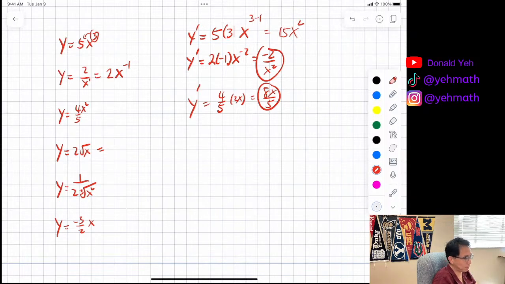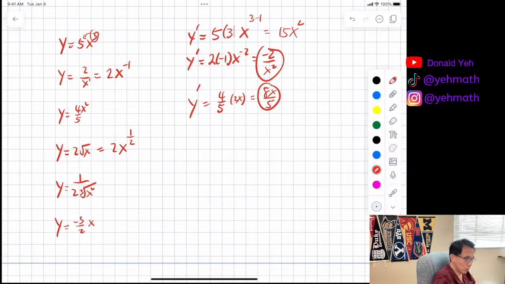Vincent, I'm picking on you until you get it. 2 square root of x. Can I change that x to a rational exponent? Okay. What would it be? 2x to what power? Nope. 1/2, good.